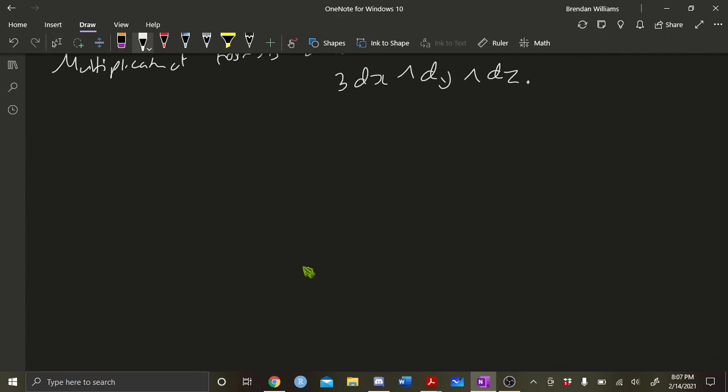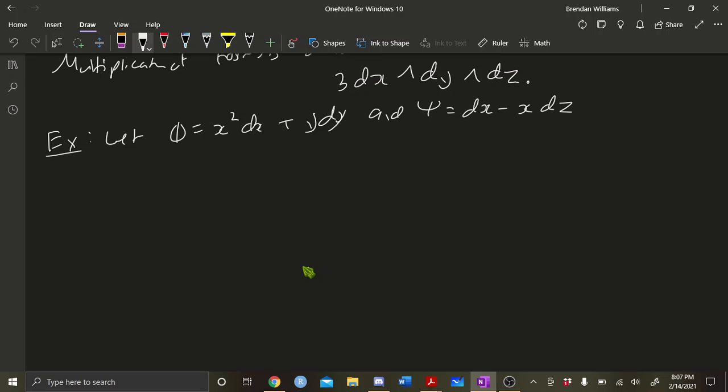But I'm just going to show you a quick example of the algebra involved when we multiply out forms. So let phi equal x squared dx plus y dy, and psi equal dx minus x dz.